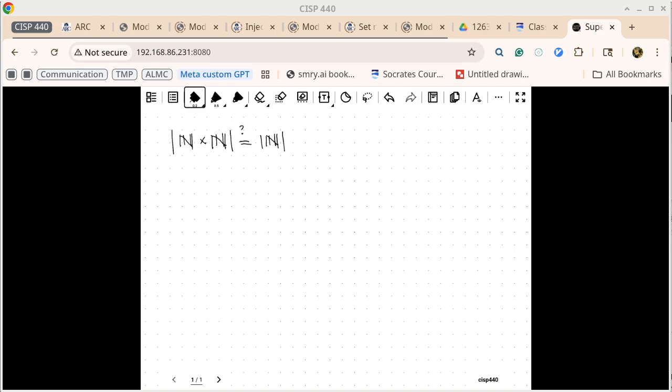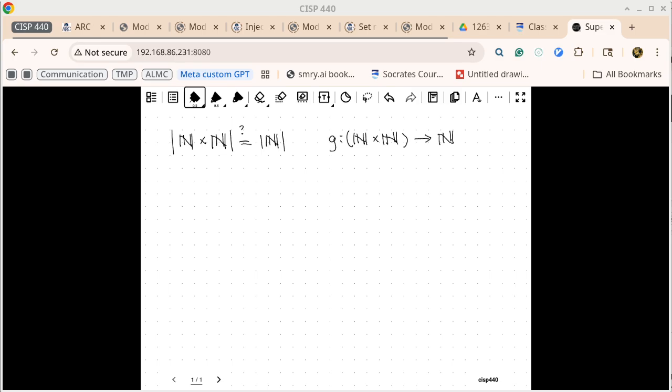The first thing is, we are going to take a look at a way that intuitively works. Okay, we can map in one direction at least. So what we're going to do is to look at a function g, and function g is going to take the Cartesian product of the set of natural numbers with the set of natural numbers, and it will map it to just a set of natural numbers.